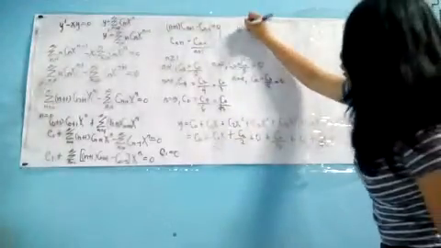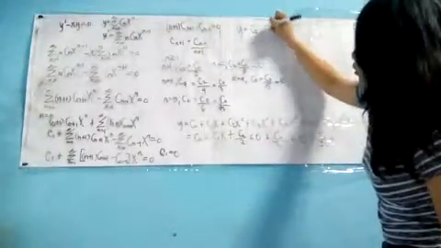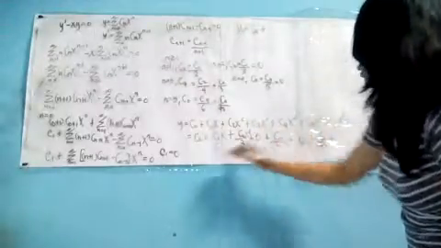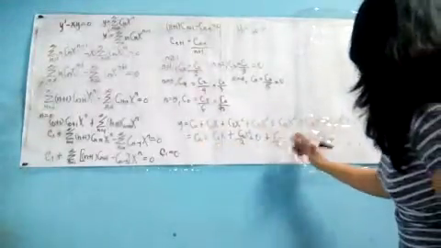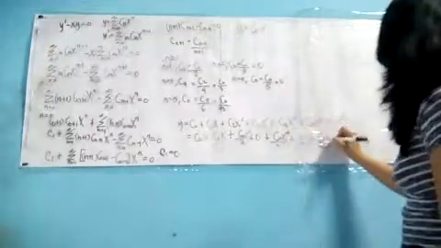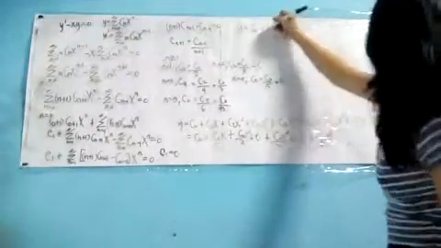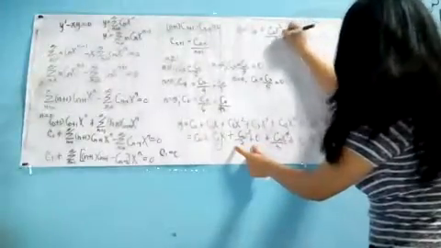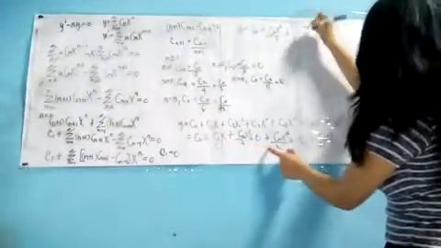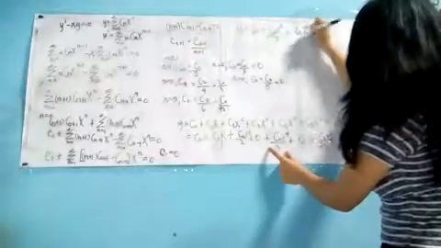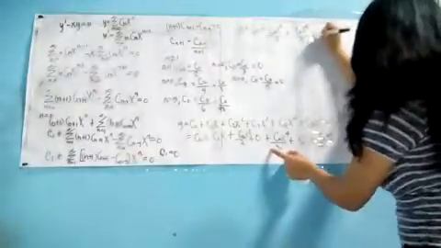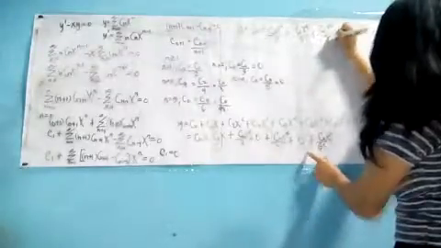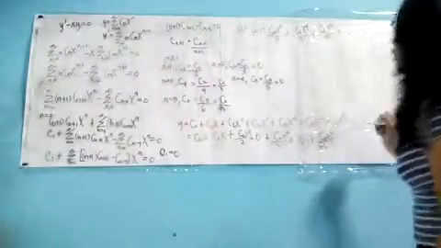Simplifying, y is equal to c0 x squared over 2 plus c0 x to the fourth over 8 plus c0 x to the sixth over 48 plus and so on.